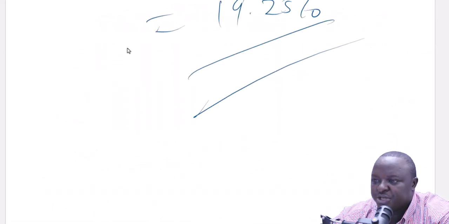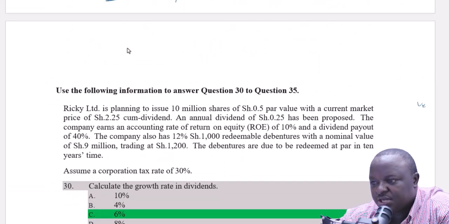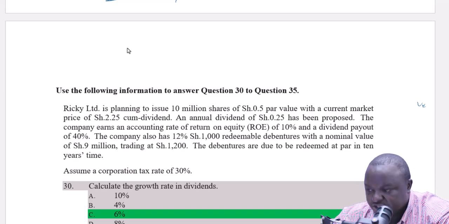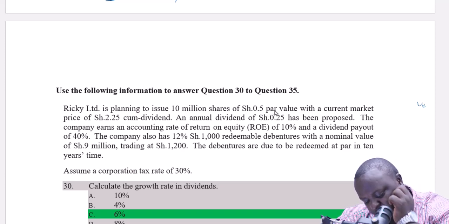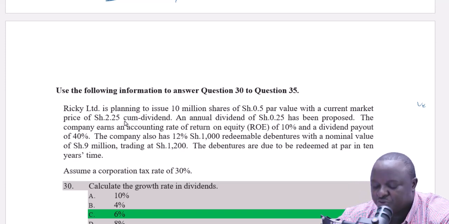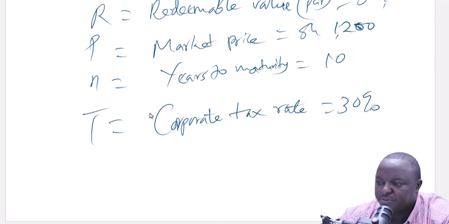From the question, we have been told that the number of shares issued were 10 million. Par value of the share was 0.5, and the current market price per share, that is cumulative dividends, was 2.25. So we are going to use that information.